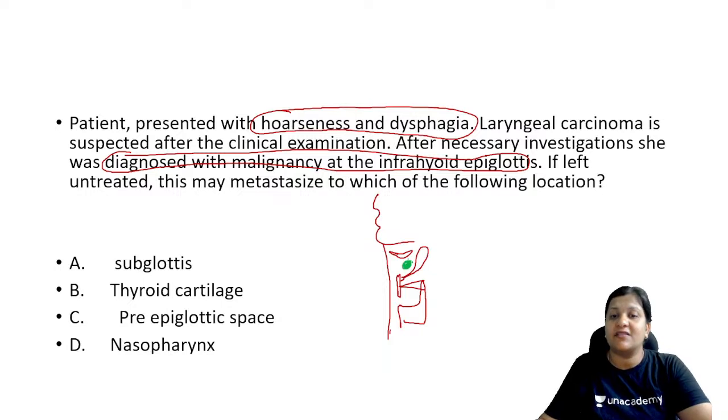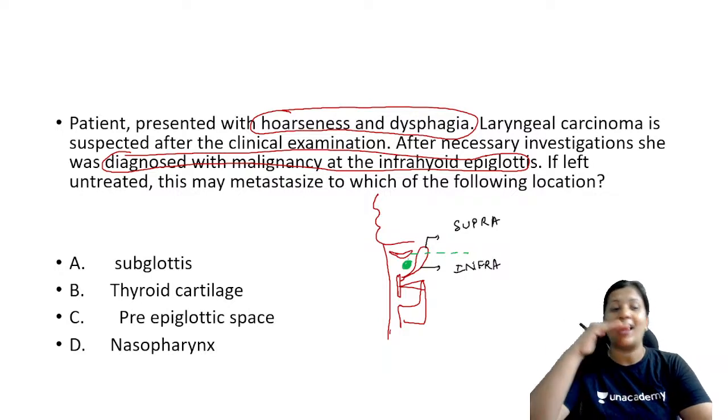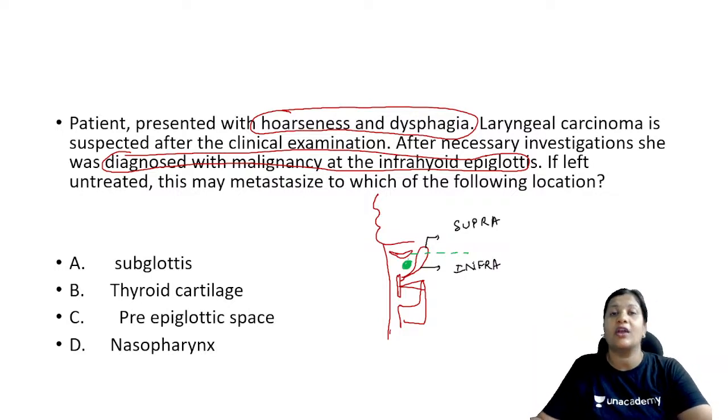Now they have specifically told you there is a carcinoma of which part of the epiglottis? The infrahyoid epiglottis. So this is your suprahyoid epiglottis and this is your infrahyoid epiglottis. There is no true demarcation. It's an imaginary line that passes through the hyoid bone.